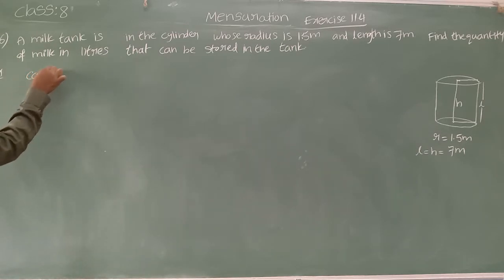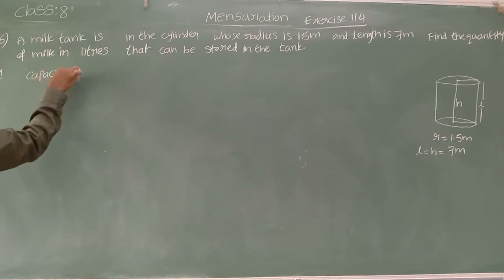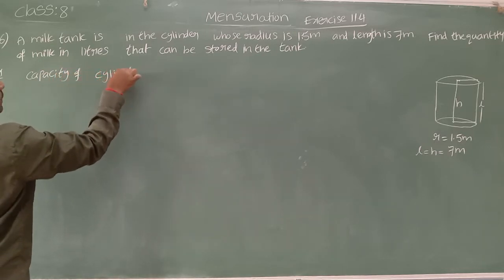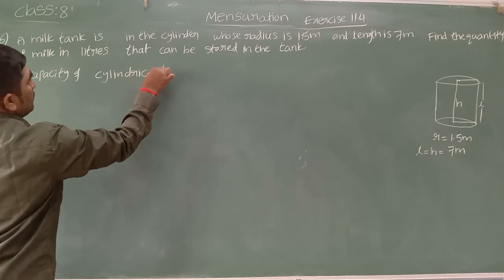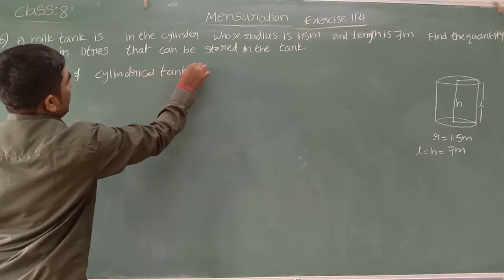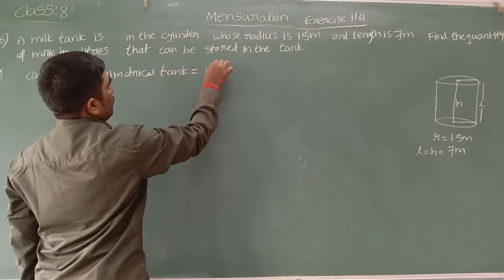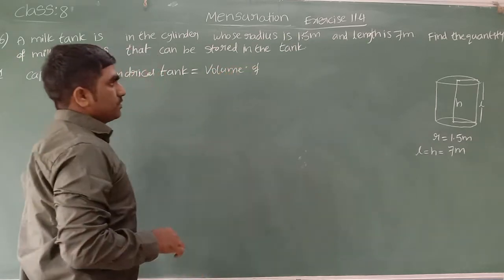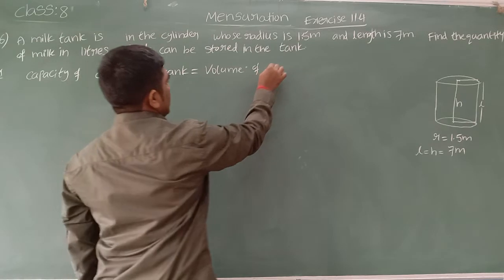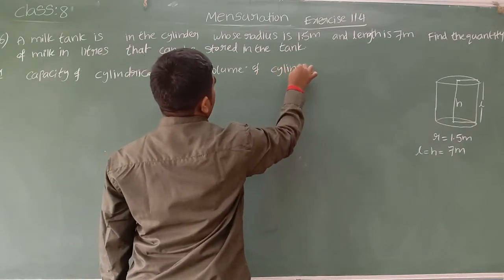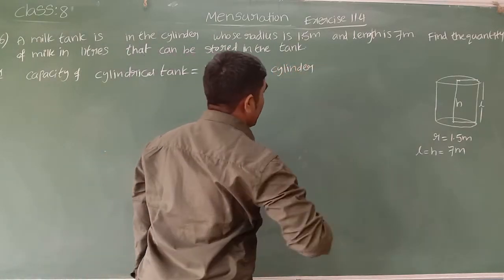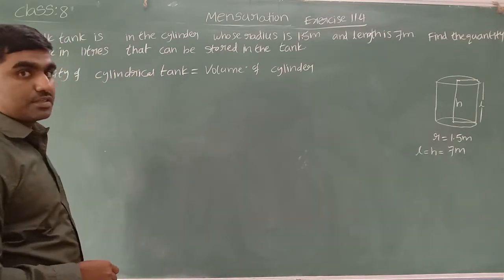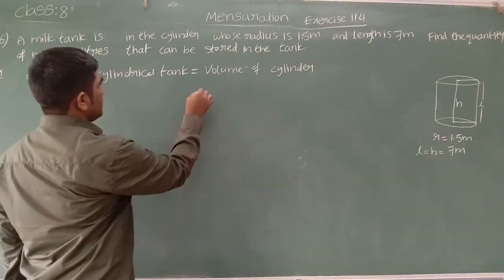Capacity of the cylindrical tank is equal to the volume of the cylinder. Find the volume of the cylinder, then we get the capacity of the cylindrical tank.